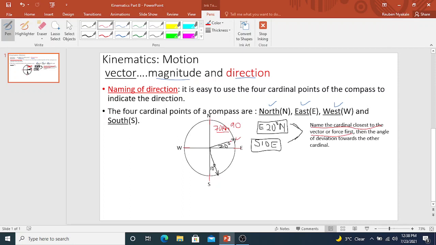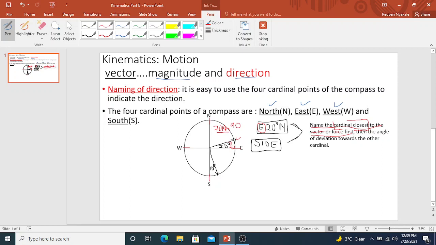Because from where the force is to east, if this is 20 kilometers, you can tell that the shortest distance is from this one to east. Now, that is why the principle says you start with the cardinal closest to the vector or force. Now, the force is close to east. You start with east as your reference point.